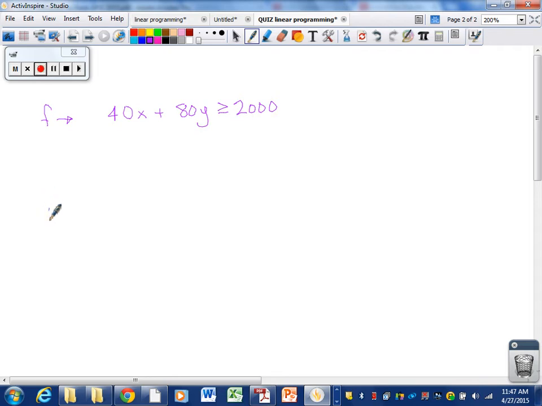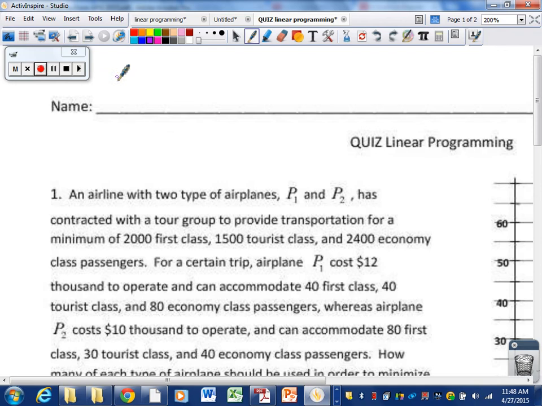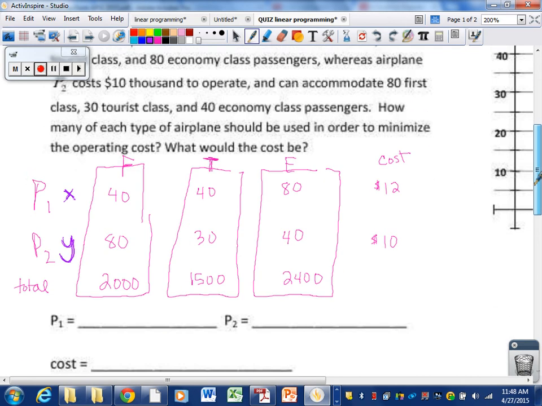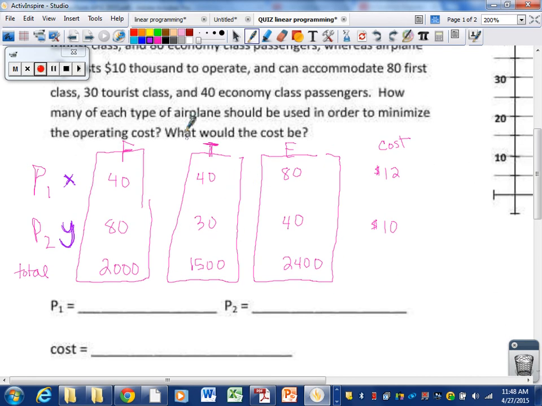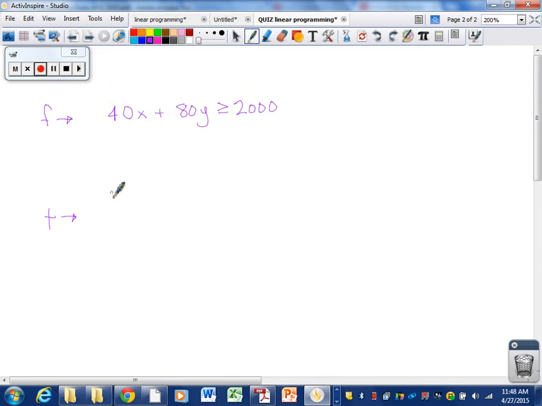Okay, the tourist class passenger, let's go back and remind ourselves what those values were. 40, 30, and 1,500. Perfect. So once again, 40 on the first plane, 30 on the second plane has to be bigger than 1,500.